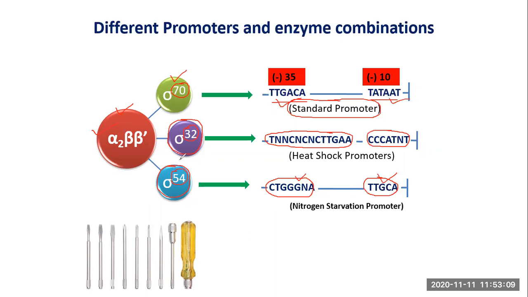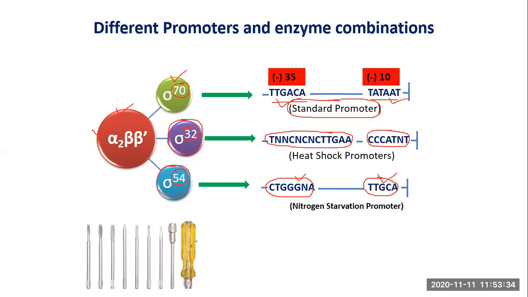So you have three different types of sigma. There may be more, but just remember these three. They will combine with the same core enzyme, and these different combinations will help RNA polymerase identify different types of promoters based on the consensus sequences present at -10 and -35 upstream.